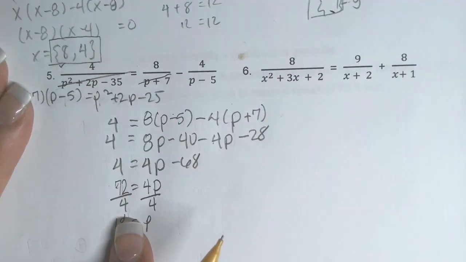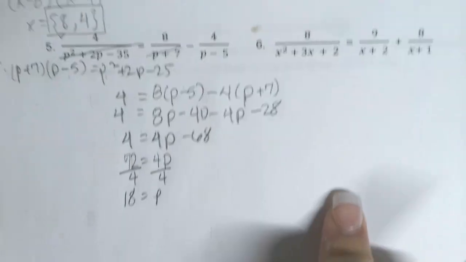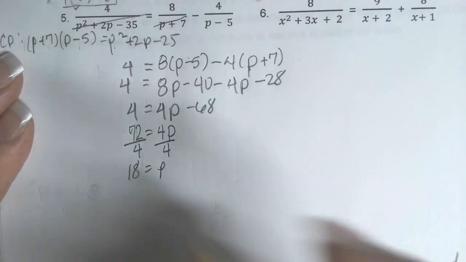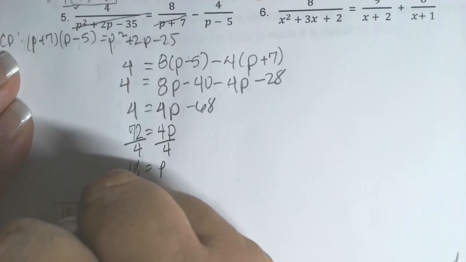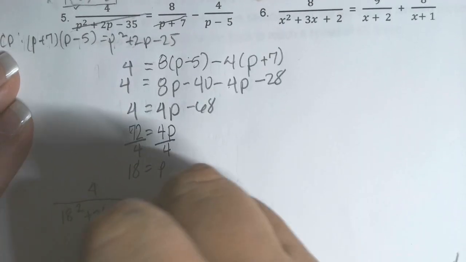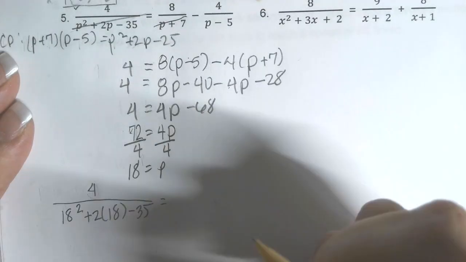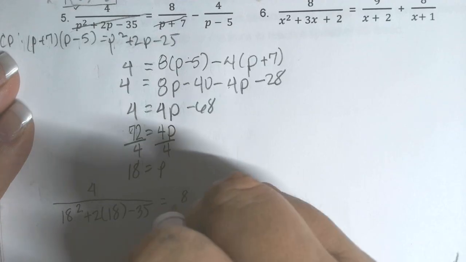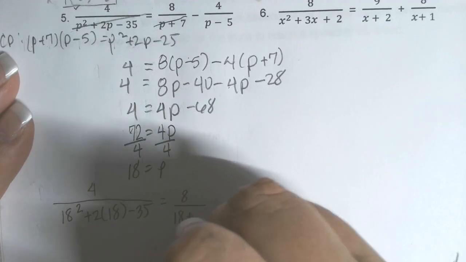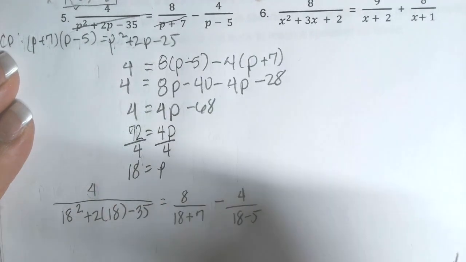So we think this is our solution, but we have to substitute it in. So when we do this, we're going to get 4 over 18 squared plus 2 times 18 minus 35 equals 8 over 18 plus 7 minus 4 over 18 minus 5.